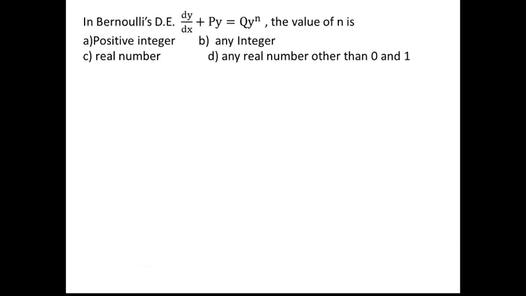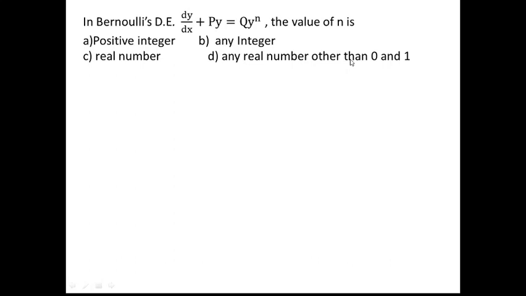In Bernoulli differential equation, dy by dx plus py is equal to q y raised to n. The value of n is positive integer, any integer, real number or any real number other than 0. So you should understand what exactly the value is.